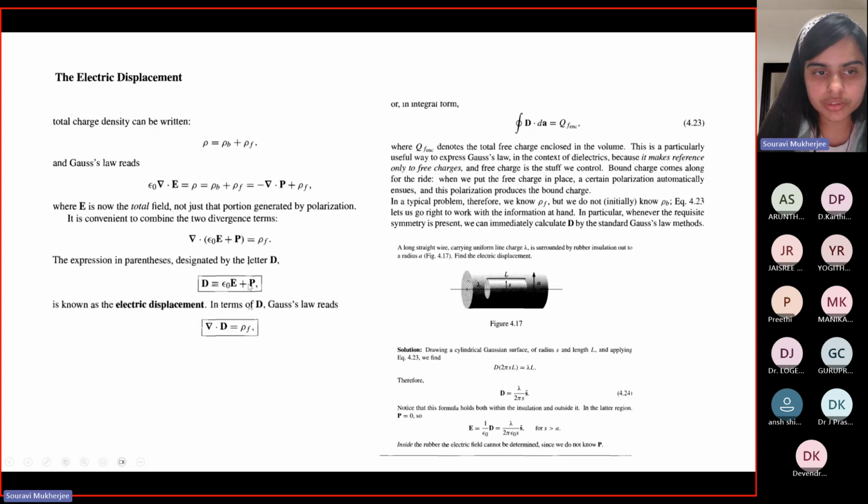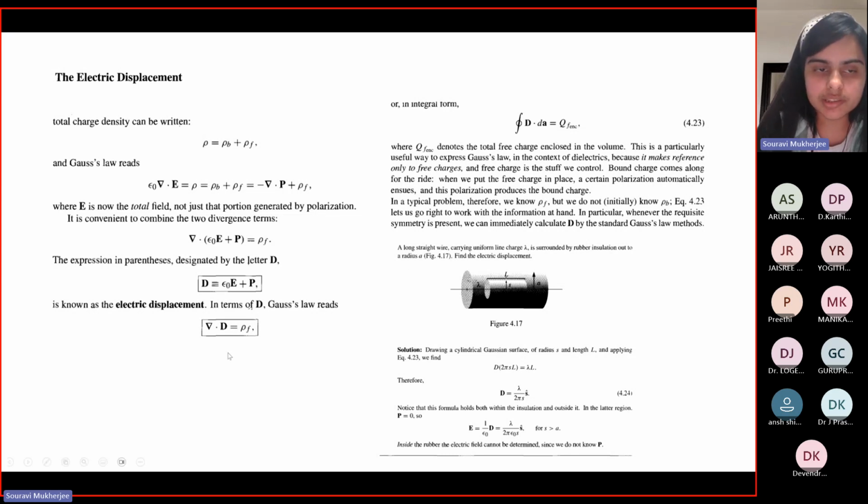This quantity is called the electric displacement. Now when you use the electric displacement, you can write the divergence of the electric displacement to be equal to the free charge. This is quite useful because this is the charge which we control. The bound charge that develops naturally in the material is not in our control.